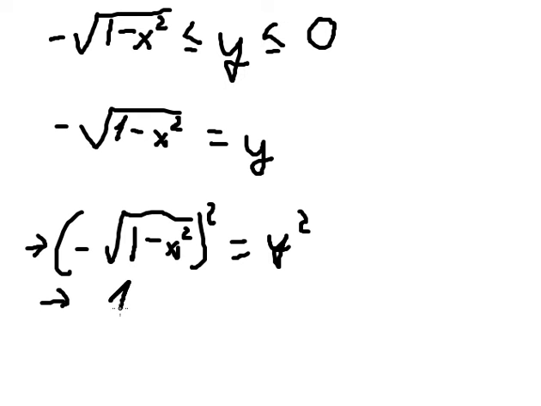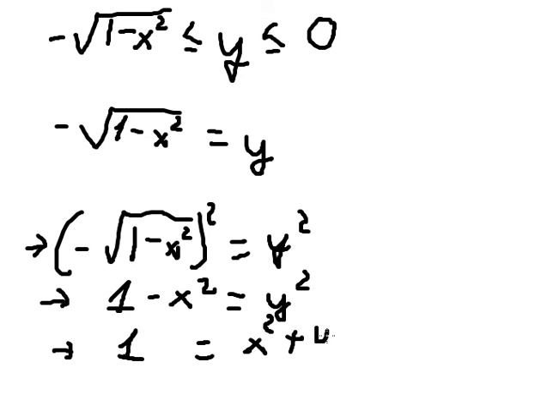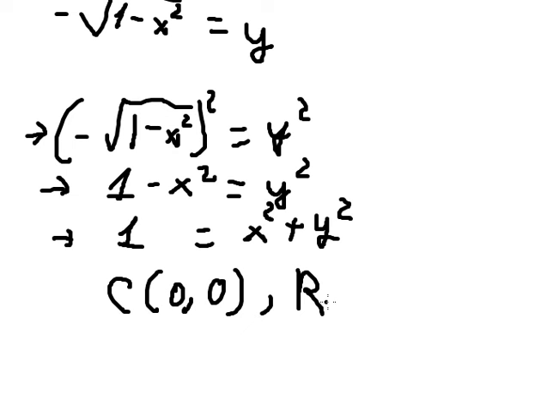So we have 1 minus x squared equal to y squared. So I will put this one to the right. We know that this is the circle with the center 0, 0 and the radius the square root of 1, which equals 1.